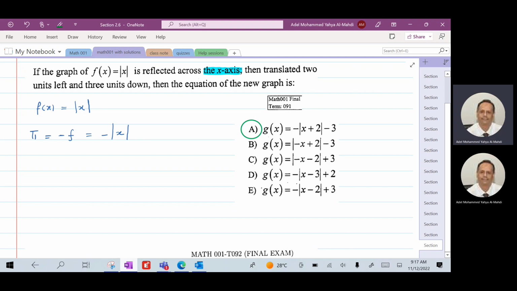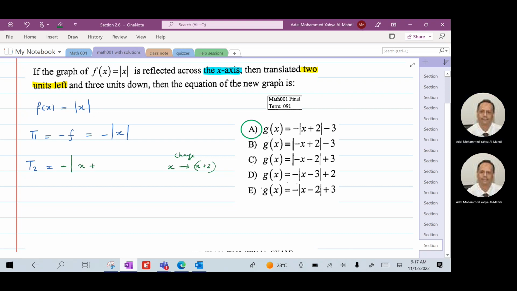So we multiply the function y, our y is f, by minus 1. Now T2, the second transformation, is 2 units left. For 2 units left, we change every x by x plus 2. Then T2 will be minus the absolute value of x plus 2.